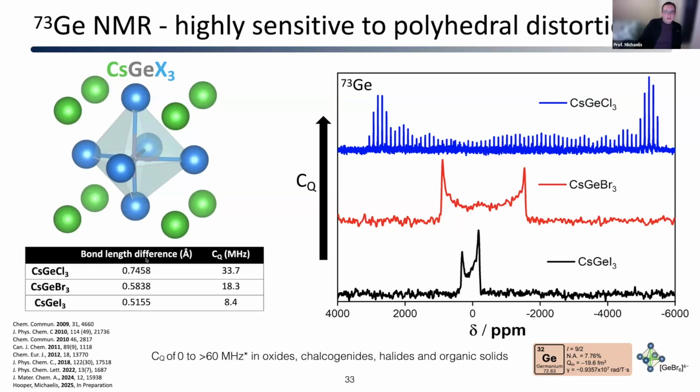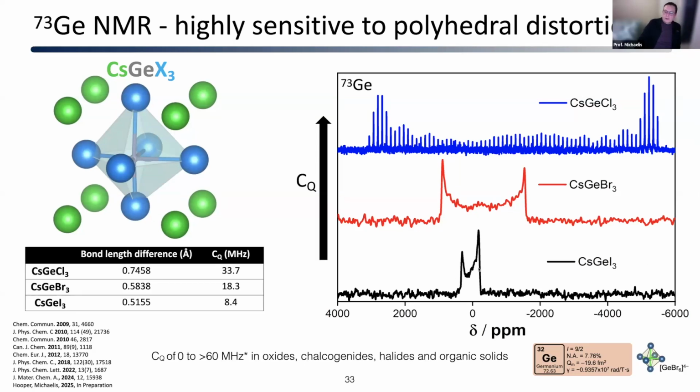If you look at the bond length difference between the germanium units and the halogen environment, in the cesium germanium iodide you basically have almost a perfect octahedron. So this slight distortion results in a relatively small second order quadrupolar line shape. Remember, germanium is a spin 9/2, so you can get away with quite a bit on this.